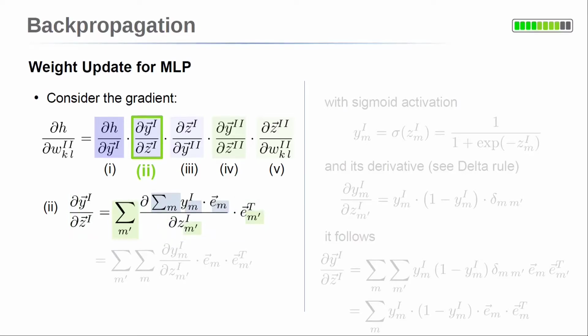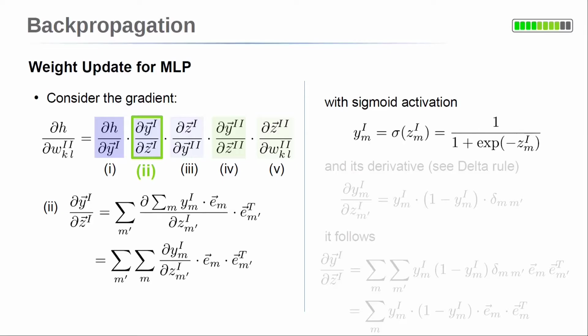Both summations are written using different summation indices m and m', so we can mix the summation terms. Thus, we place both summations in front, and we have the sum over m' and m of the partial derivative of y_m of layer 1 with respect to z_m' of layer 1 times the unit vector e_m times the unit vector e_m' transpose.